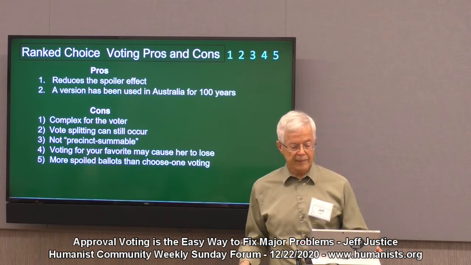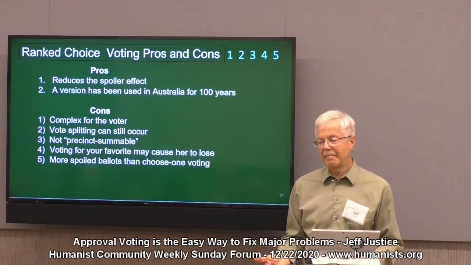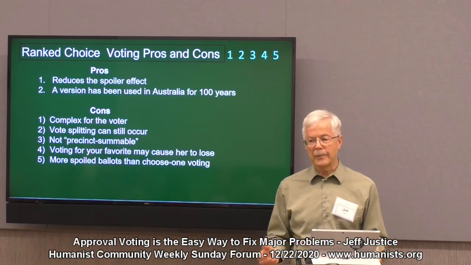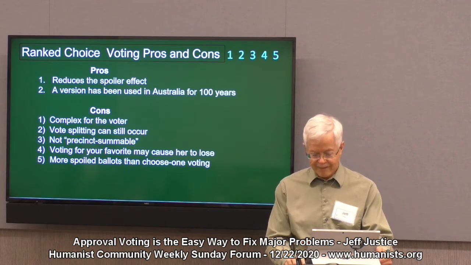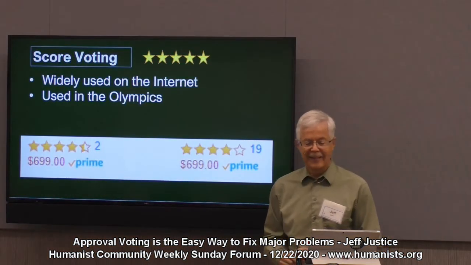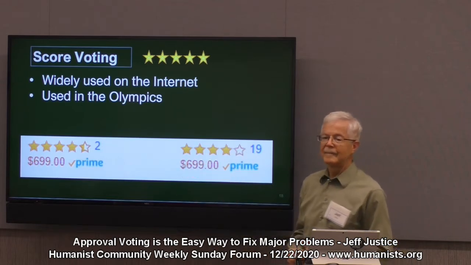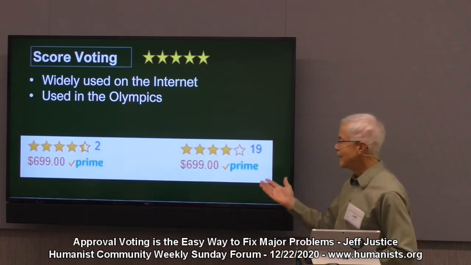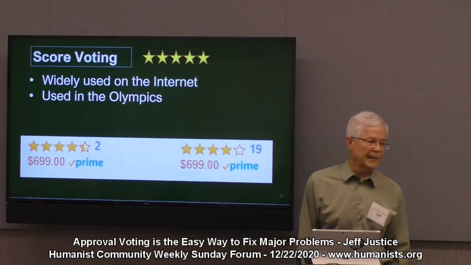So that's my talk on ranked choice voting, but you can't really have a talk without the most popular voting method in the world. And I can say that definitely because it's the one used by Amazon. Every day, millions of people vote 0 to 5 stars on their products on Amazon.